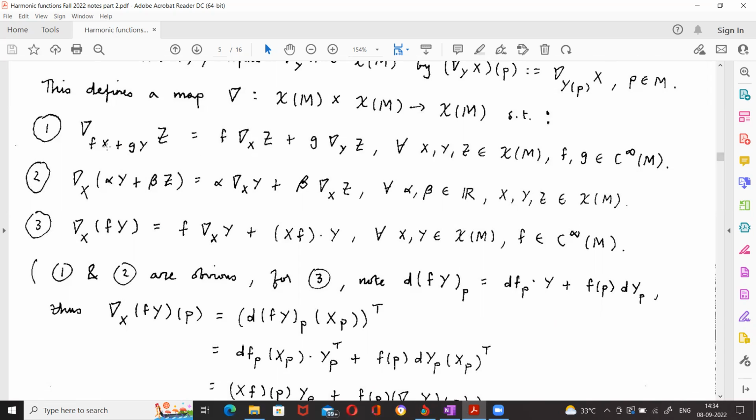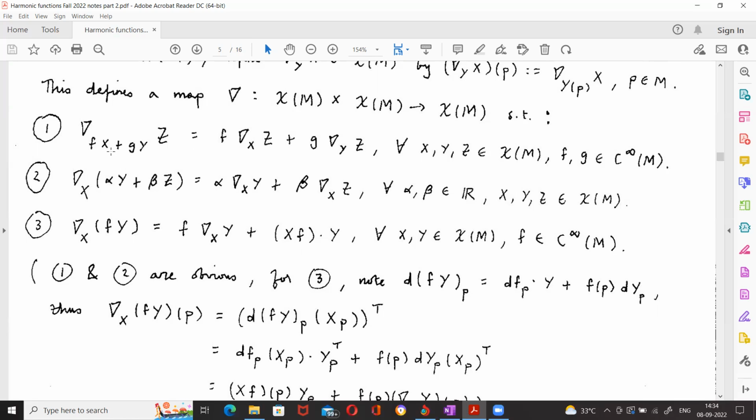With respect to the vector field with respect to which I'm differentiating, nabla is linear in the first argument, and it's in fact C-infinity linear.